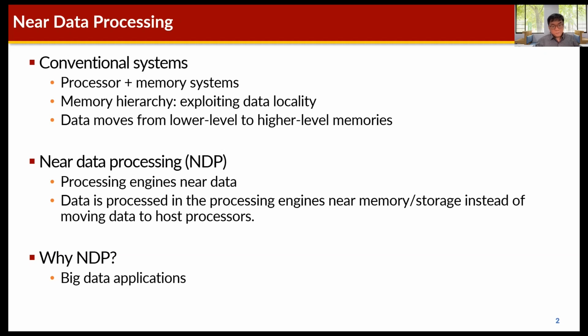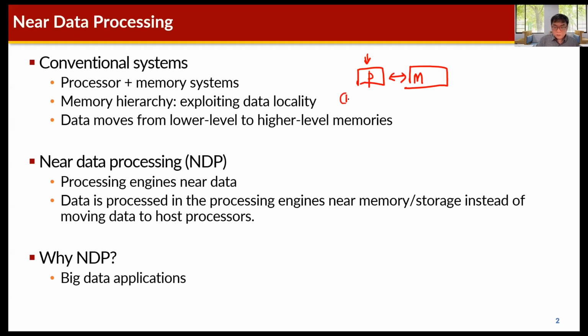Okay, so if we just focus on the conventional systems, these conventional systems are composed of processor architecture and memory systems. Here is the processor architecture, the memory systems are here, and this is the processor. So what is the main purpose or main goal of this processor architecture research?